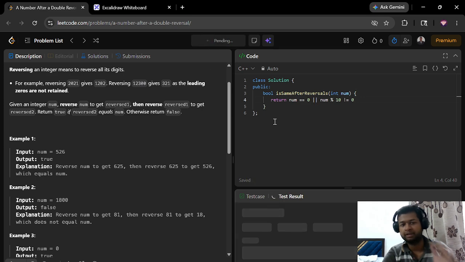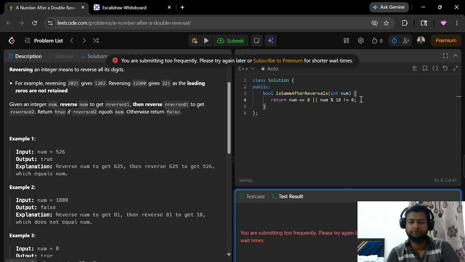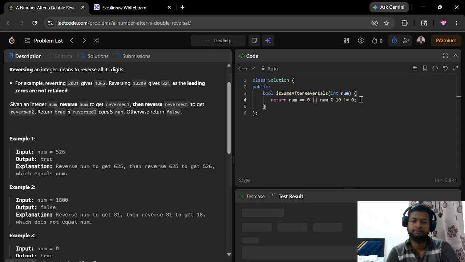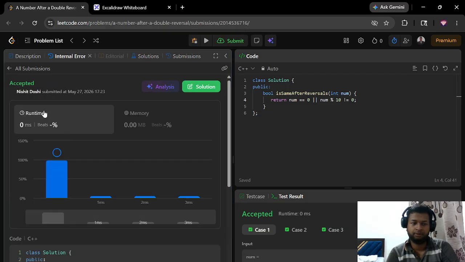Now let's test it. Okay, semicolon missed, my bad. Okay, all three test cases are passed. Now let's submit and check the results. Okay, as you can see, our solution is done and 129 test cases are passed.